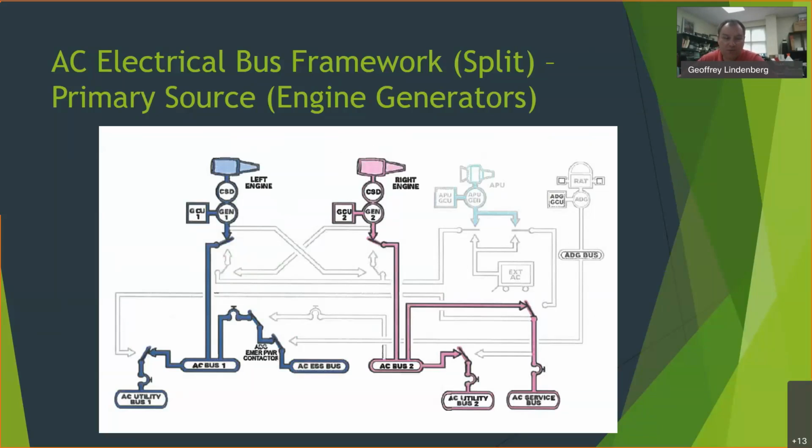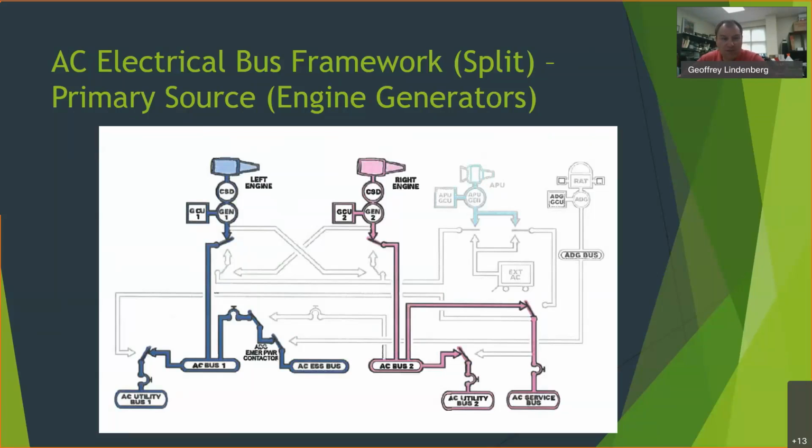The aircraft wants to run on the engine generators whenever at all possible. The reason for that is typically the engine generators are the largest, or collectively have the highest load capacity. Your secondary power tends to be run off an APU.